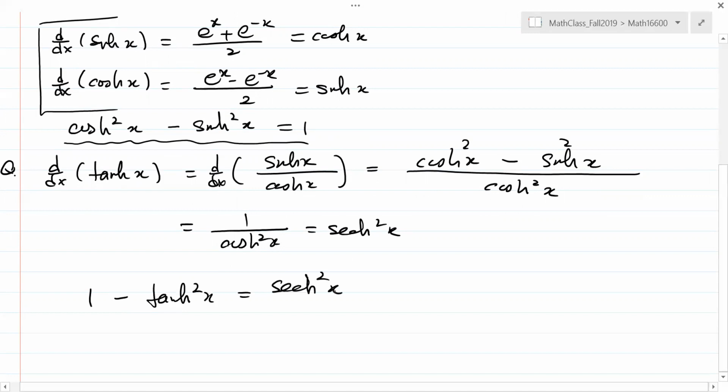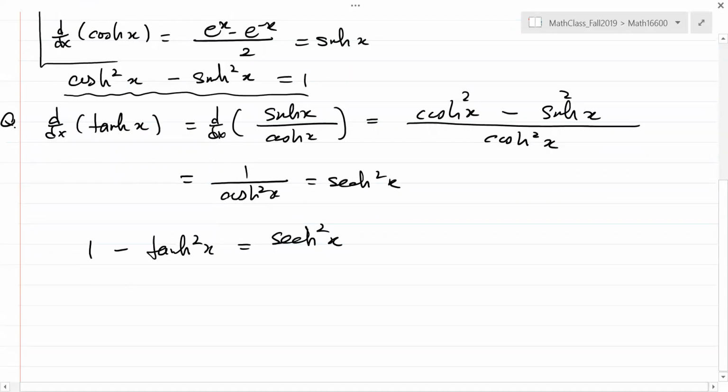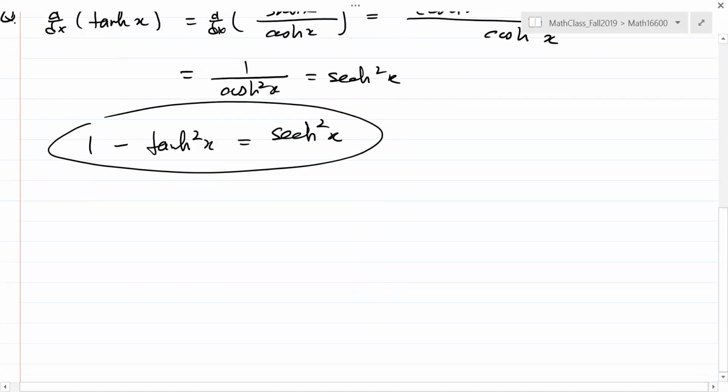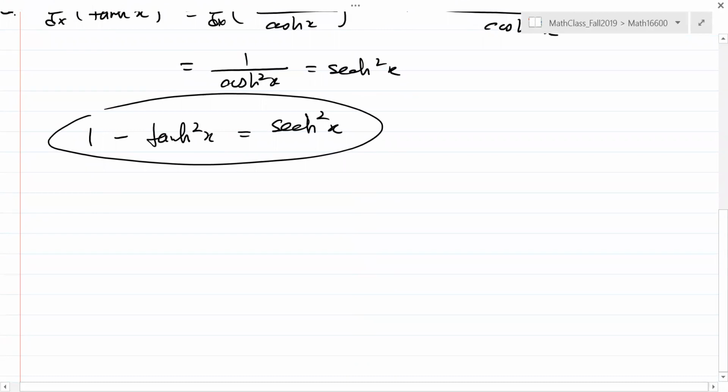See, this is again another similar formula. You can compare with the formula in trigonometry. So this is one formula and this is another formula. Those two formulas are equivalent. Now we're going to talk about the inverse function.